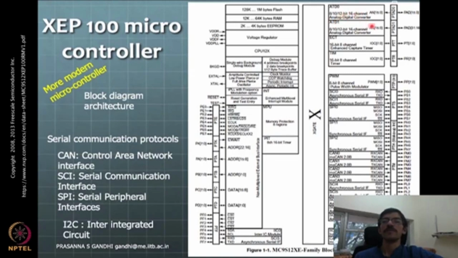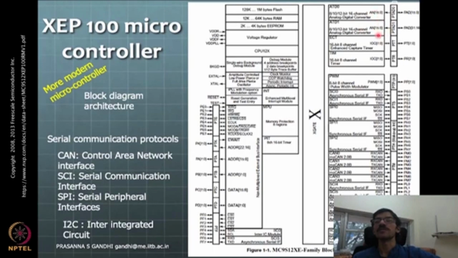This 16-bit thing is there, and then there is another 16 channel A to D converter. So these two seem to be the same, although they are given different terminology here. You see the numbers here, 16 to 0 channels are there.